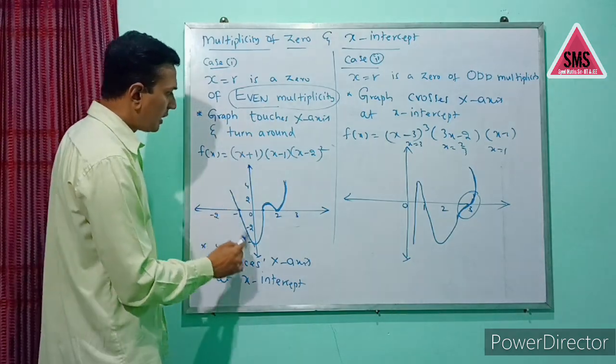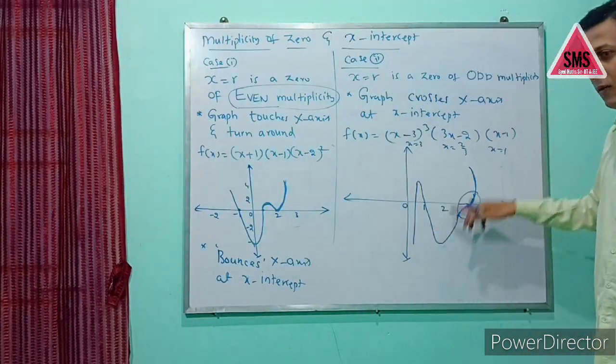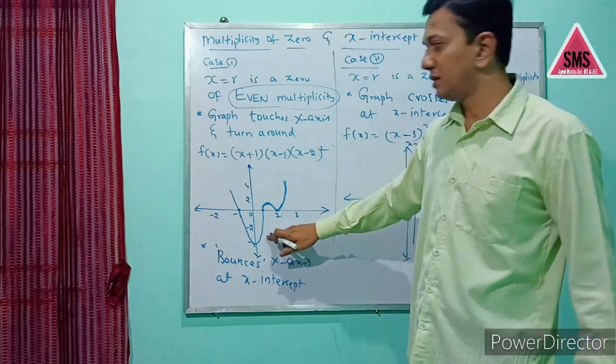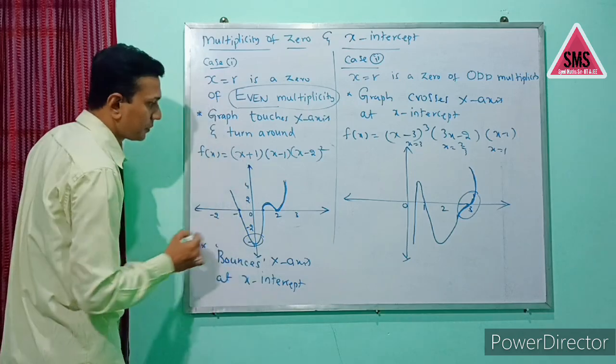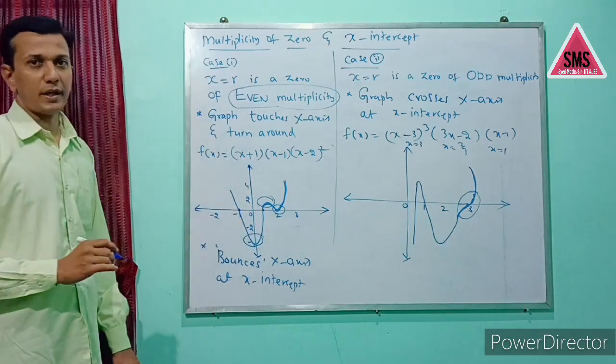One more topic here which is very important. You can see the nature of the graph, just like hills and valleys, peaks and valleys. These peaks and valleys are nothing but turning points. This is one turning point, second turning point, third turning point.